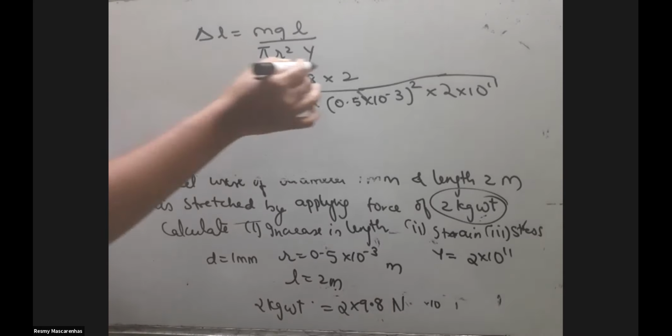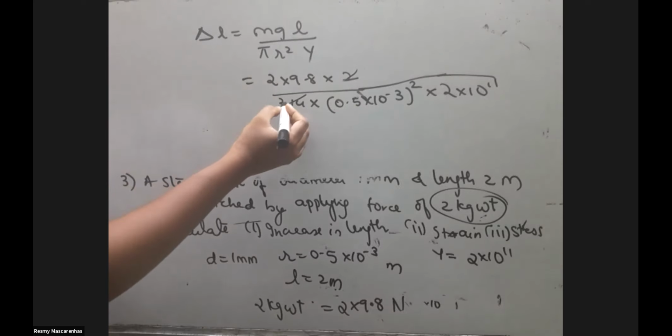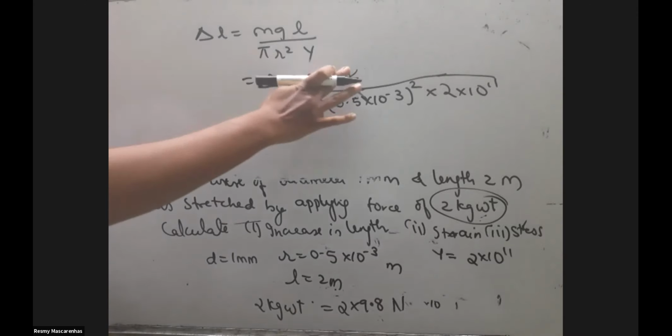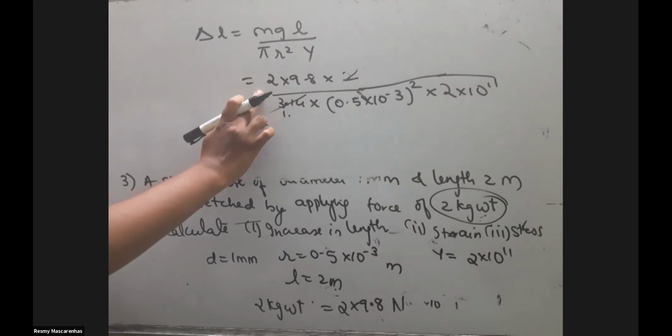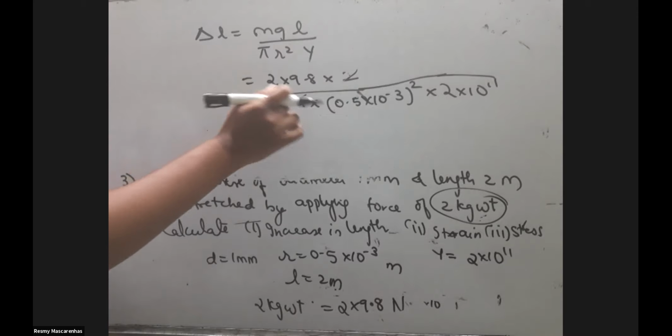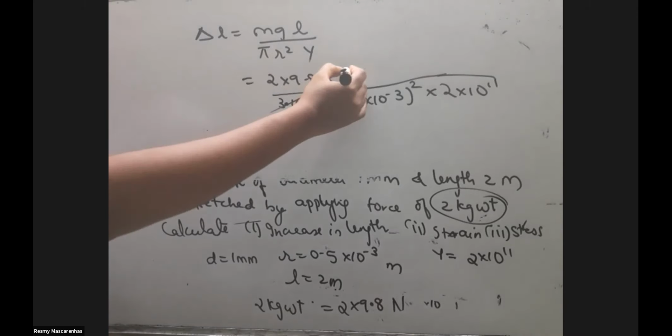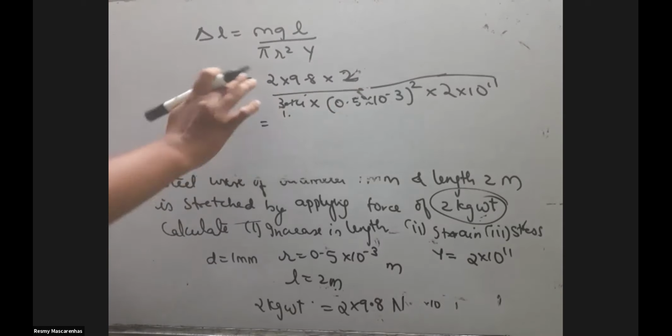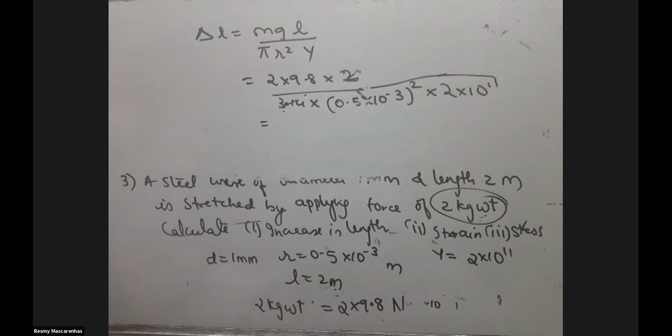I can cancel also with this one. Before that, you can write it as 4 also. Or you can keep, no issues. So 2 into 2 into 9.8.